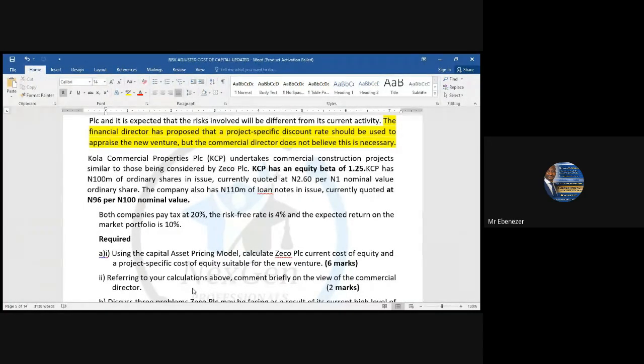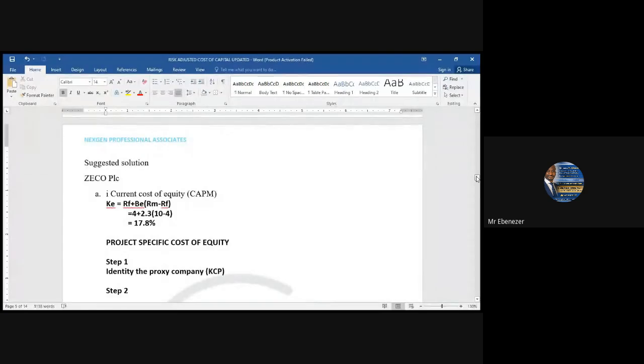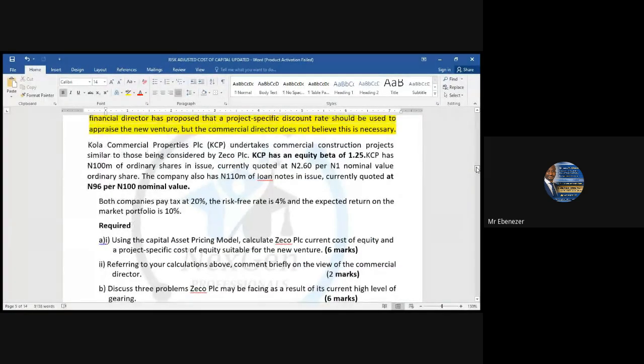Don't forget how we usually calculate it under the first part of cost of capital. Now, how do we determine market value of equity? Now let's check.